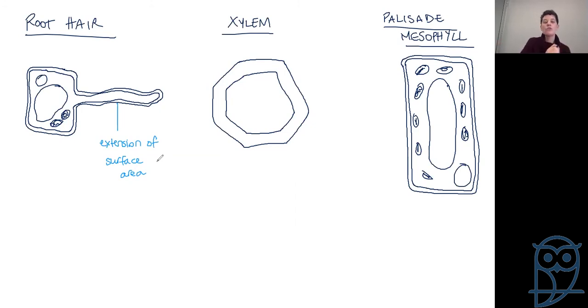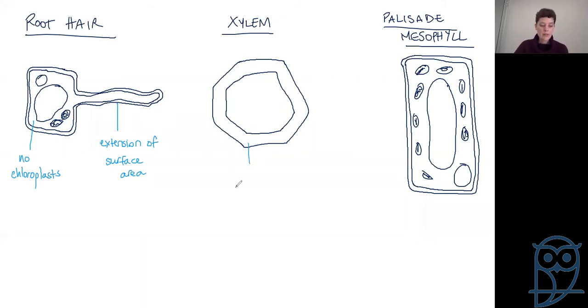Okay, so the root hair cell is about that extension of the surface area to increase uptake. And we have no chloroplasts. We've got no exposure to light, so we don't need chloroplasts. They have no functional use. We don't want them there. Okay, so that's our root hair cell.